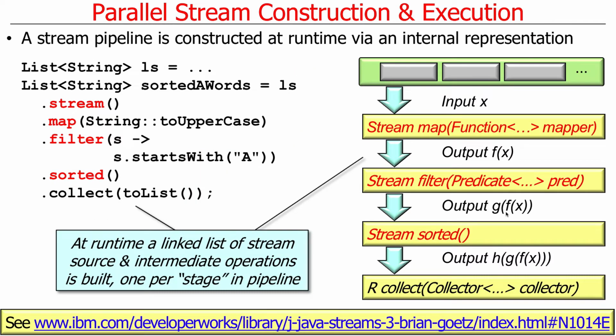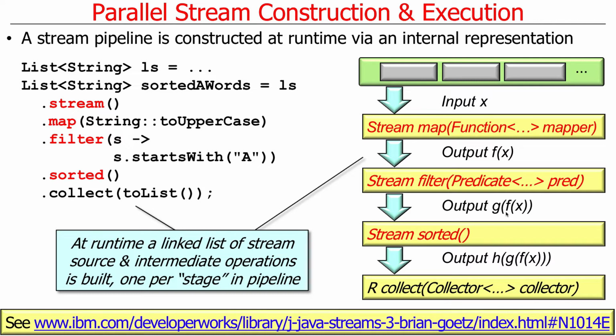Under the hood, the Java compiler compiles this code, and when it runs the bytecode or the ahead-of-time compiled code, it doesn't actually start to execute these methods when they're encountered.